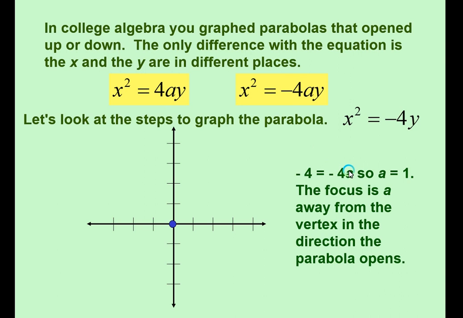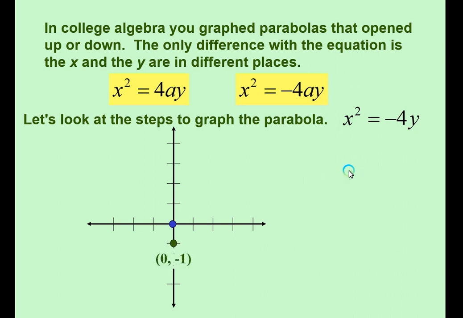The focus is a units away from the vertex, in the direction where our parabola opens. Since we know that our parabola is opening downward, we have to count a units. Whatever the value of your a, you have to count a units in the direction of the opening of your parabola. So we count 1 unit downward. This point is represented by (0, -1).